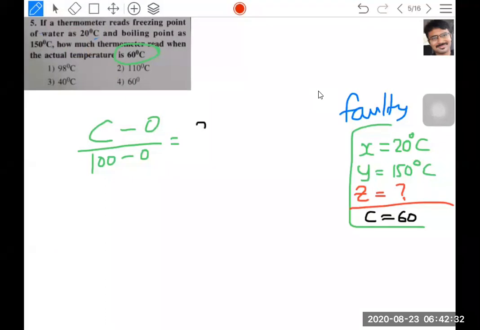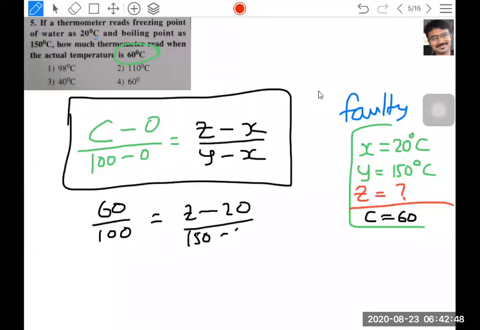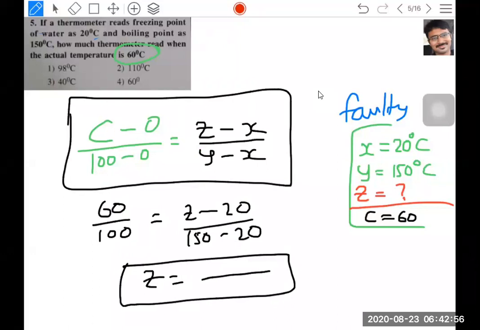Now let us write the formula, (Z minus X) by faulty thermometer, and centigrade, the correct value is given as 60. So 60 by 100 is equal to (Z minus 20) by (150 minus 20). From here we'll get the value of Z that they are asking. That means for the correct value of 60 degrees, what is the faulty thermometer reading? In the question, they didn't mention anywhere that it is a faulty thermometer, but you have to understand it is a faulty thermometer.